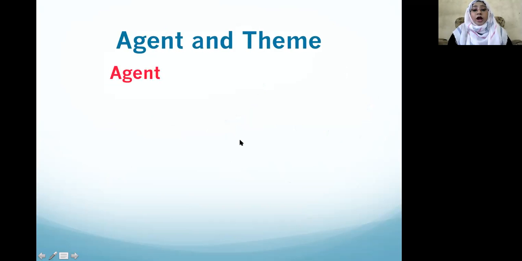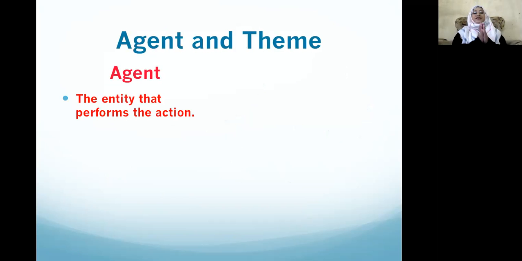Okay, now when we talk about agent, in a sentence, any entity that performs the action is called an agent. In any sentence, the entity or the word that shows that yes, this word is performing the action, the word which performs the action is called agent.